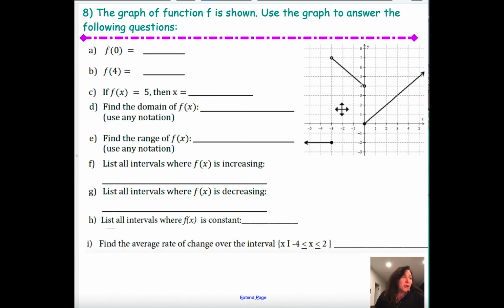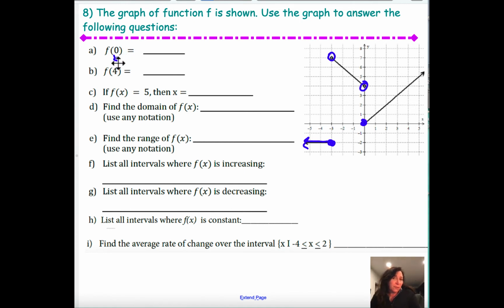Now you're going to get a graph of some sort of picture. I'm going to open these up just because they're a little bit tricky to see. That's open, this is solid, and this is open. They're going to ask you lots of questions. They're going to say, what's f of 0? The whole value is y, but the inside value is x.